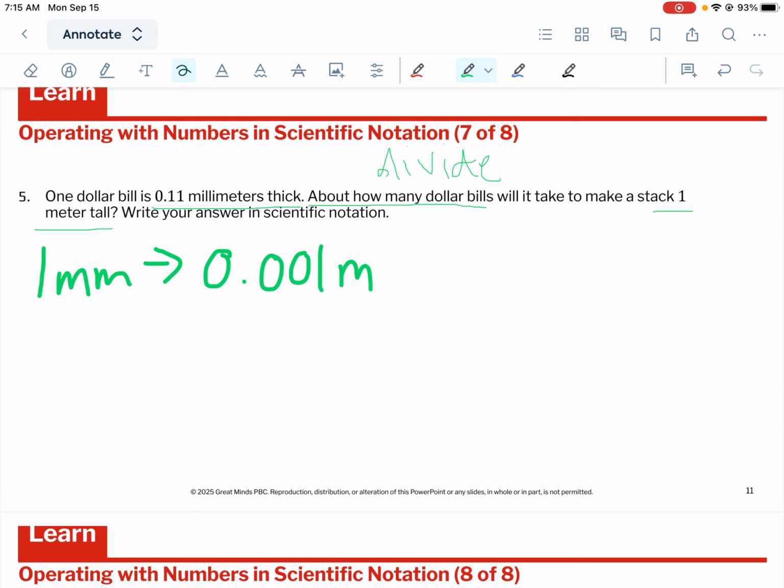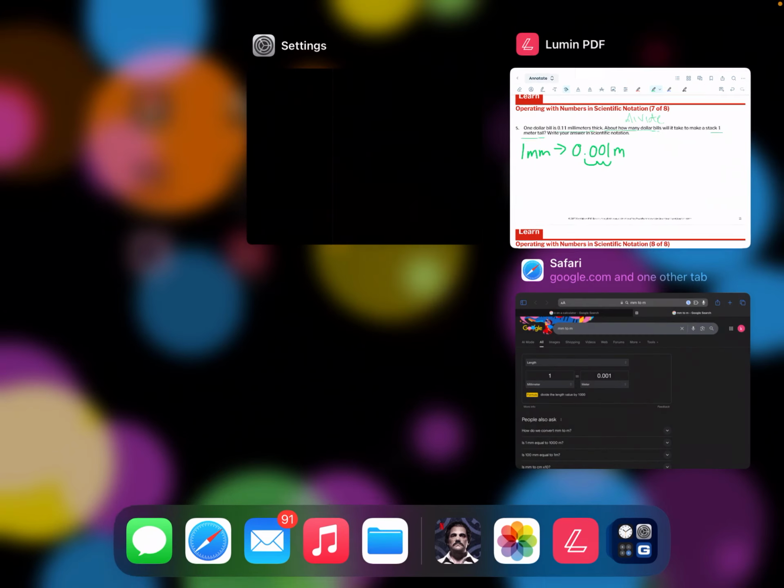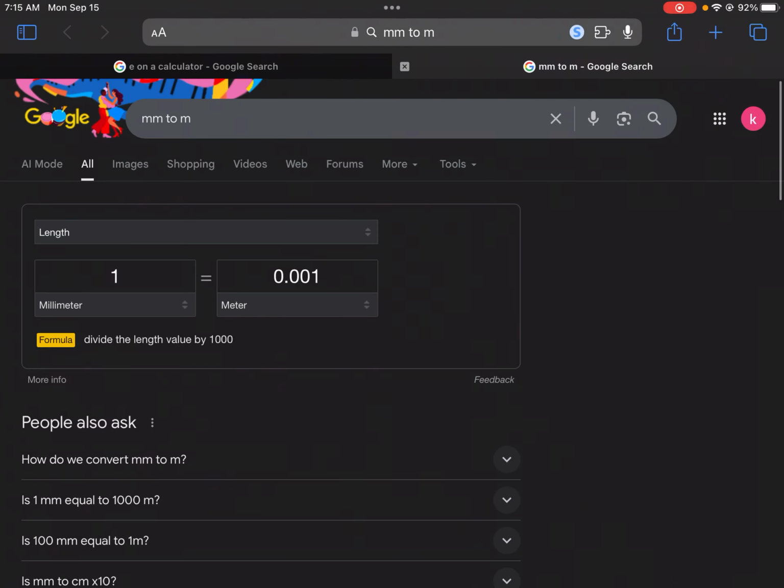If I turn this conversion around, because I can see that I have 1, 2, 3 decimal places, if I work backwards, then that'll also tell me that 1,000 meters will give me 1 millimeter.